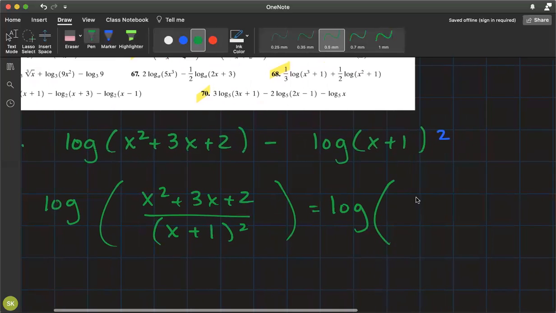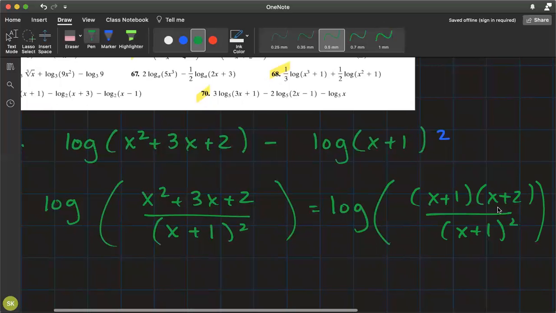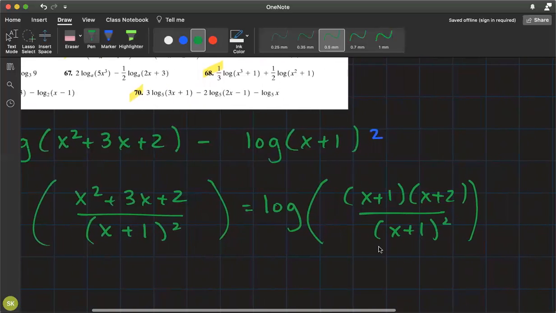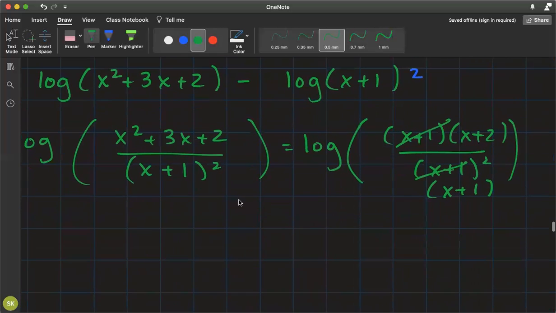The top is the same thing as x plus 1 times x plus 2. Is that correct? If you FOIL that out, you're going to get this here. And now you can see that I have an x plus 1 on the top and 2 of them on the bottom, so I can cross that out, and I'm left with just an x plus 1 on the bottom. So this is the log of x plus 2 over x plus 1.